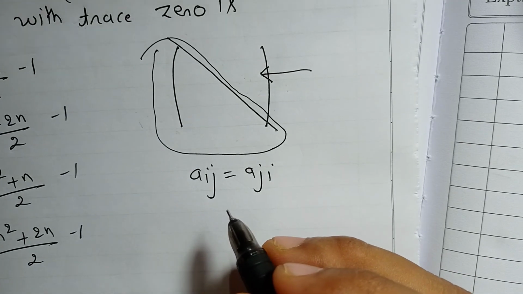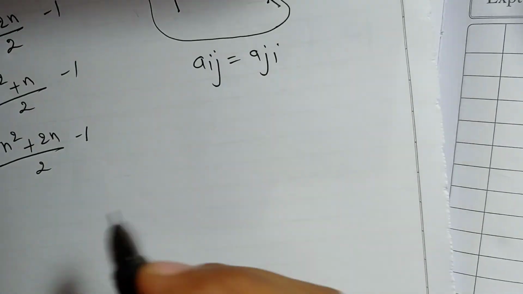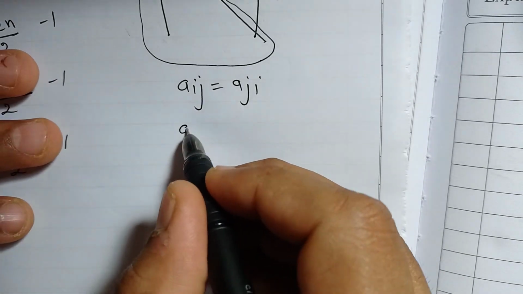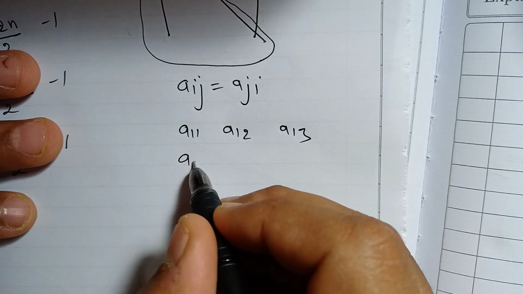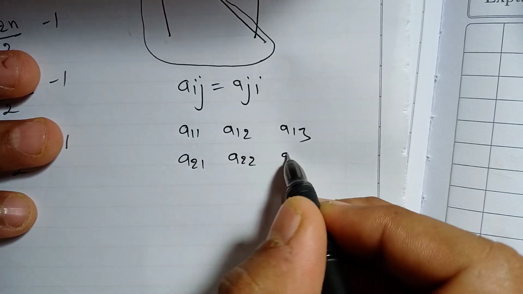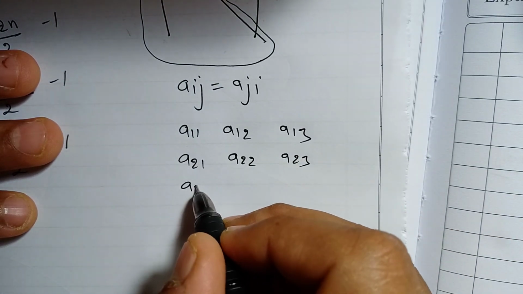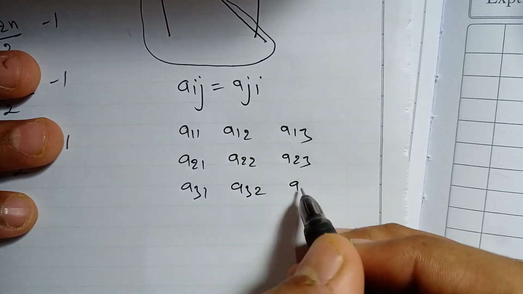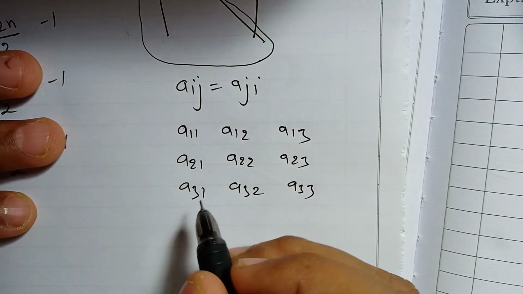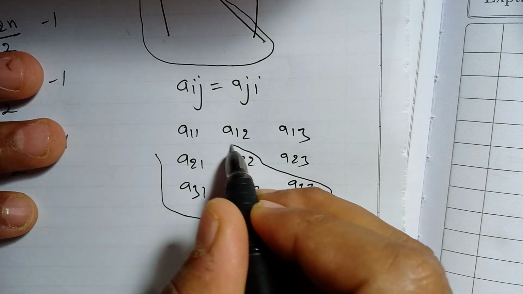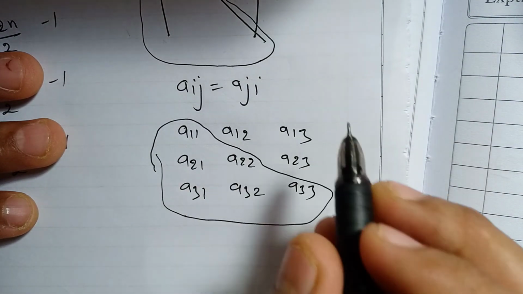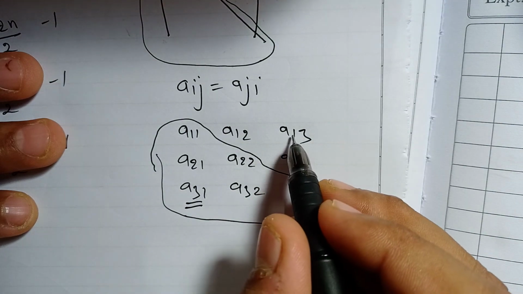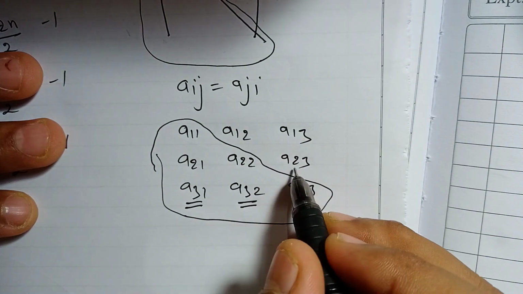A21 means A12. So if you have a 3 cross 3 matrix, A11, A12, A13, fine. A21, A22, A23, A31, A32, A33. So only these elements are the free variables, because A21 equal to A12, A31 equal to A13, A32 equal to A23.